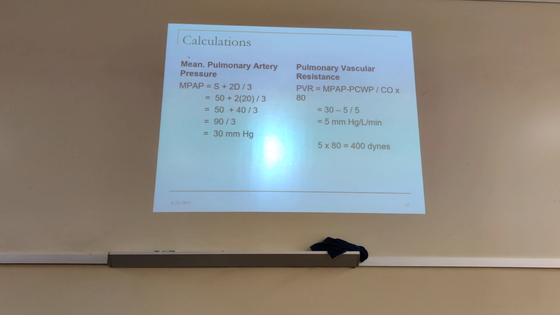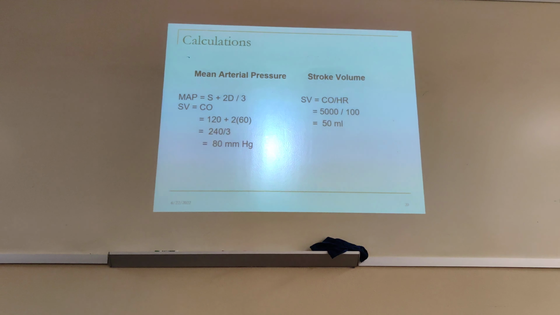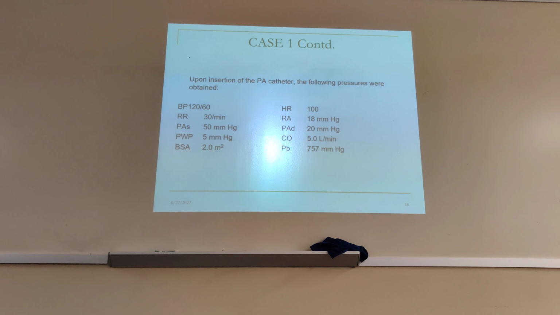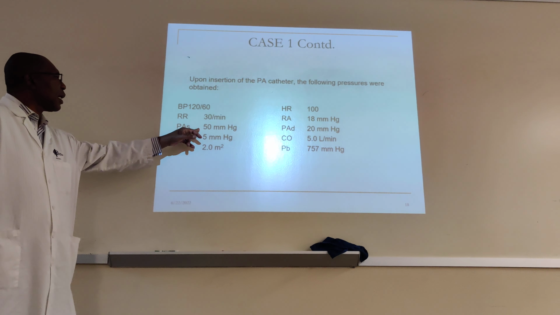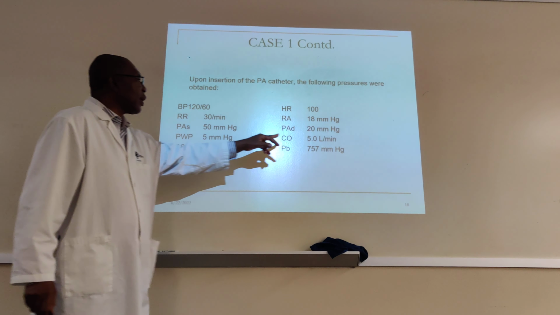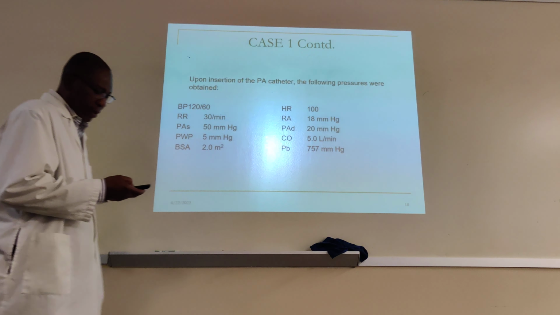Well, I can calculate my mean PAP. Okay. If you go back here, now you can see that the PAP systolic is 50, right there, and the PAP diastolic is 20, right there.